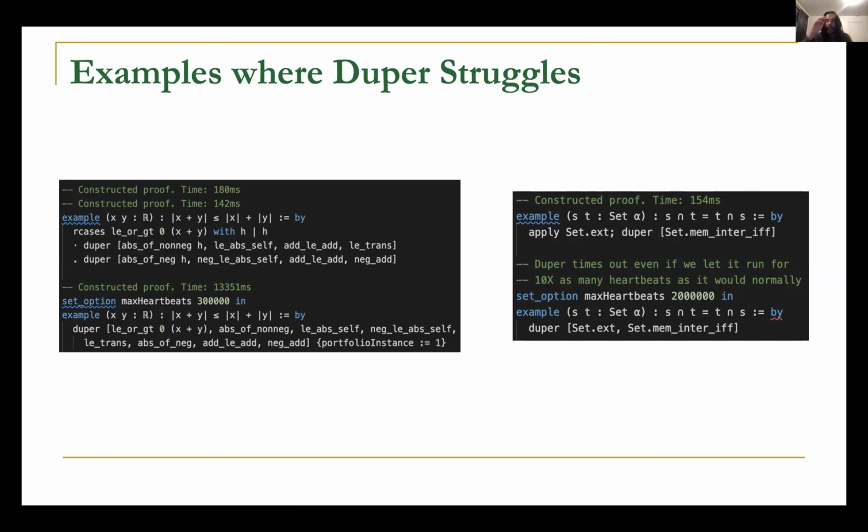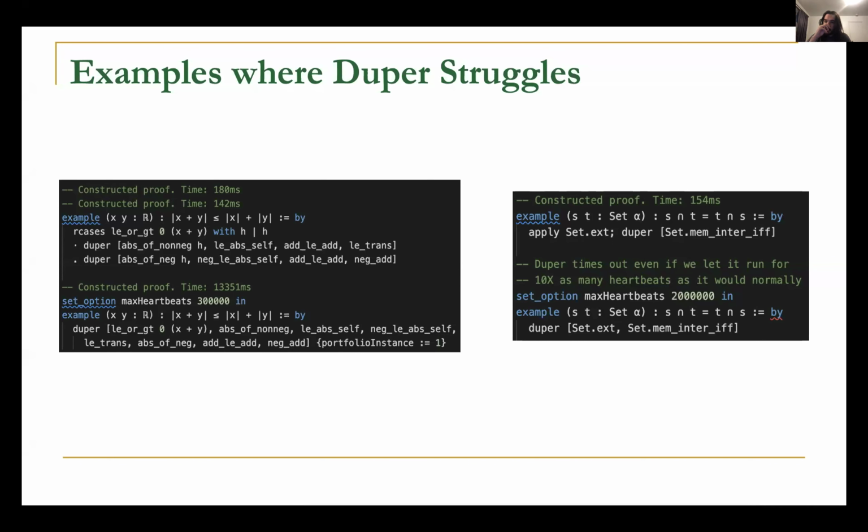Then on the right, something different is going on, because in the bottom right example, we're only passing in two facts to Duper. So we don't have the same phenomenon occurring as on the left. We don't have a super bloated active set being caused by having too many lemmas or just irrelevant lemmas.